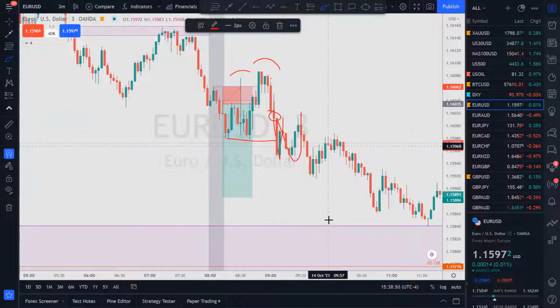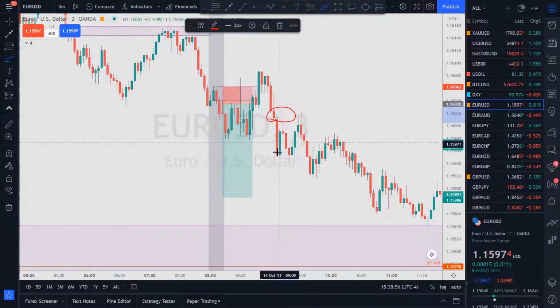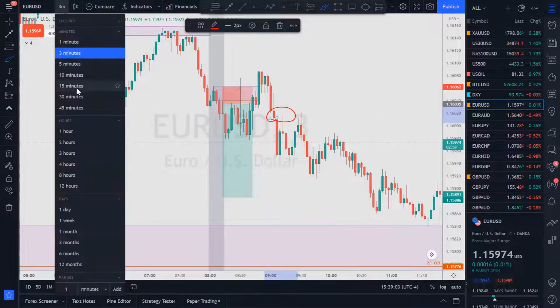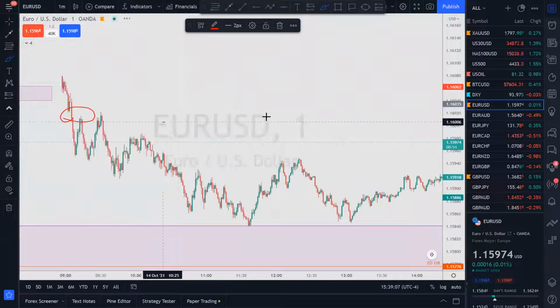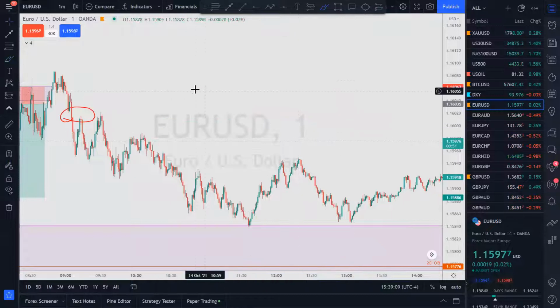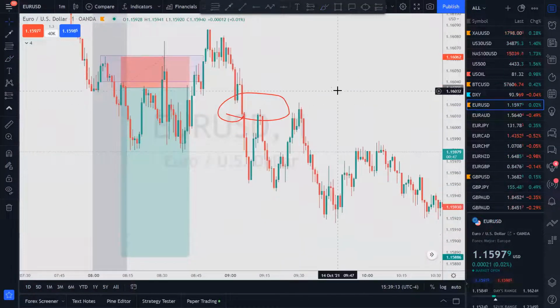Now, why there? What's happening in this area? If you waited for price to come back up into this area, you win the internet. You win the internet.